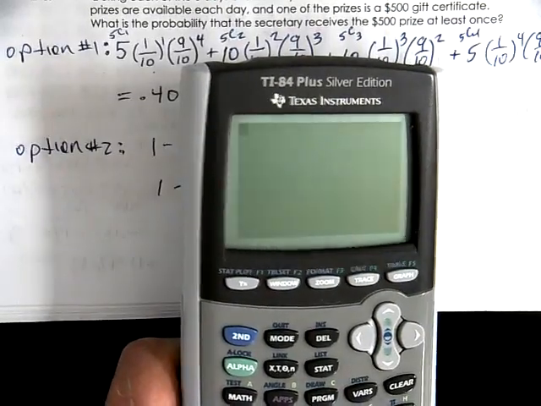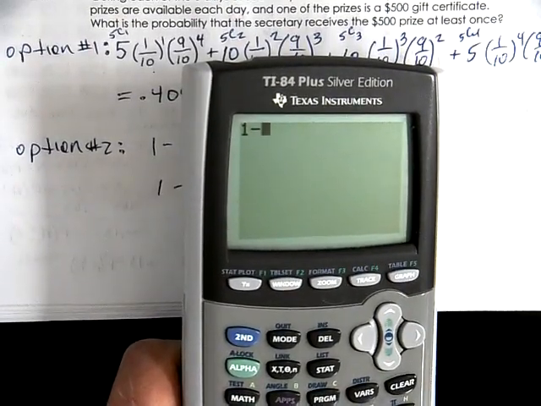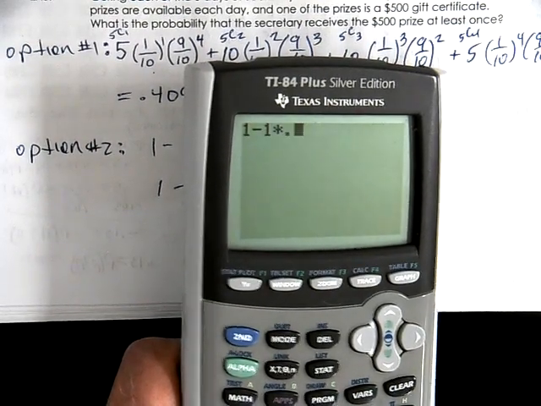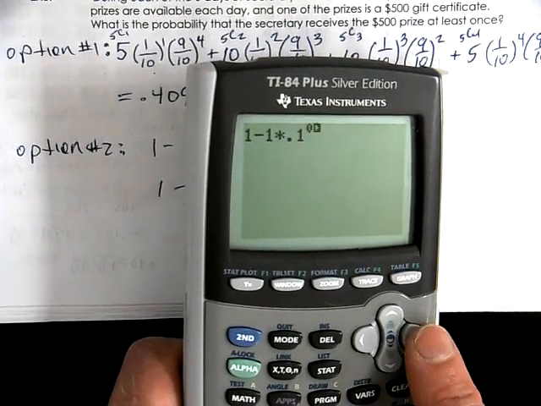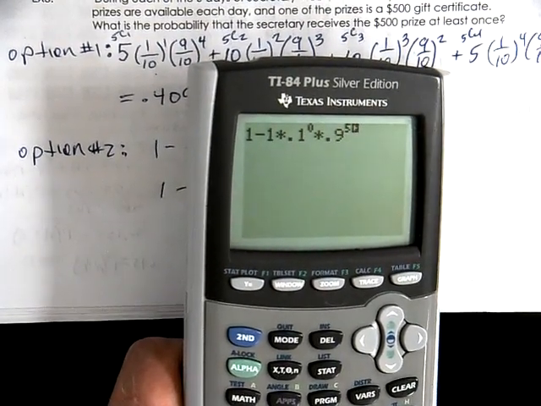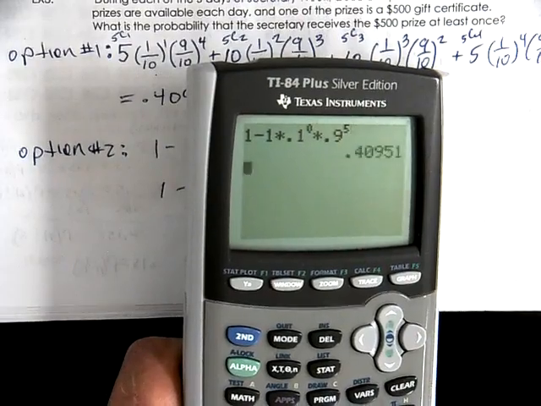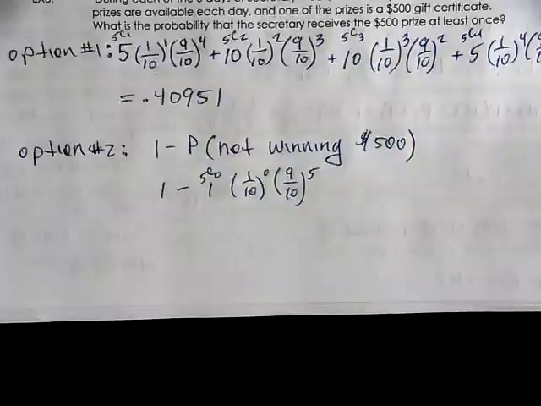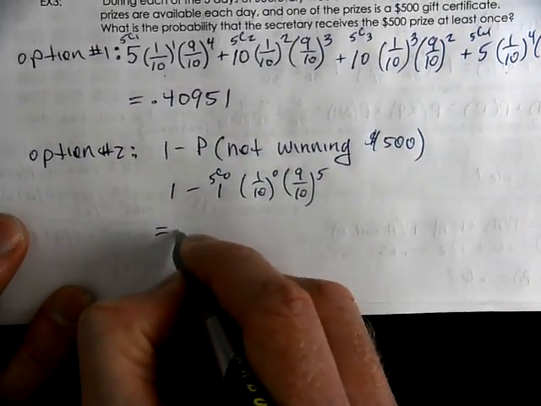So we'll go to our calculator and say 1 minus 1 times 0.1 to the 0 power, we don't even have to say that, times 0.9 to the 5th power, because we did it all 5 times. And that came out to be the exact same.